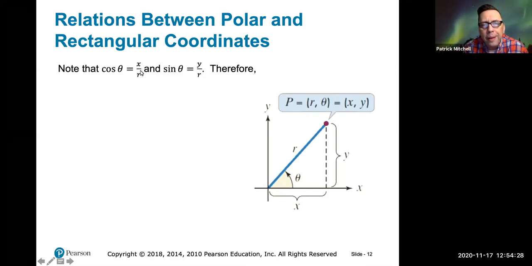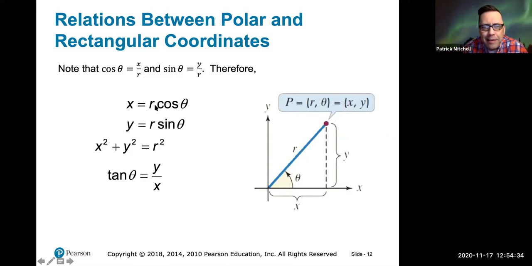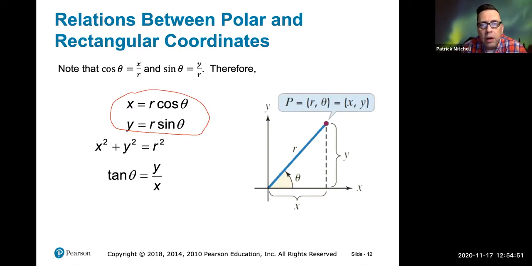So if you multiply both sides of both of these equations by r, you get that x equals r cosine theta and y equals r sine theta. So these are the equations that you're going to use whenever you want to convert polar to rectangular. You have an r and a theta, and you want to come up with x and y.